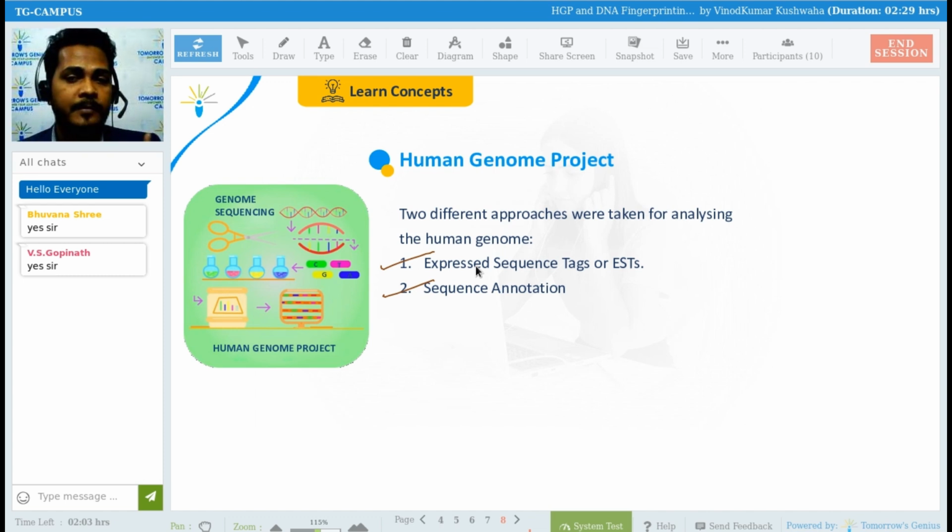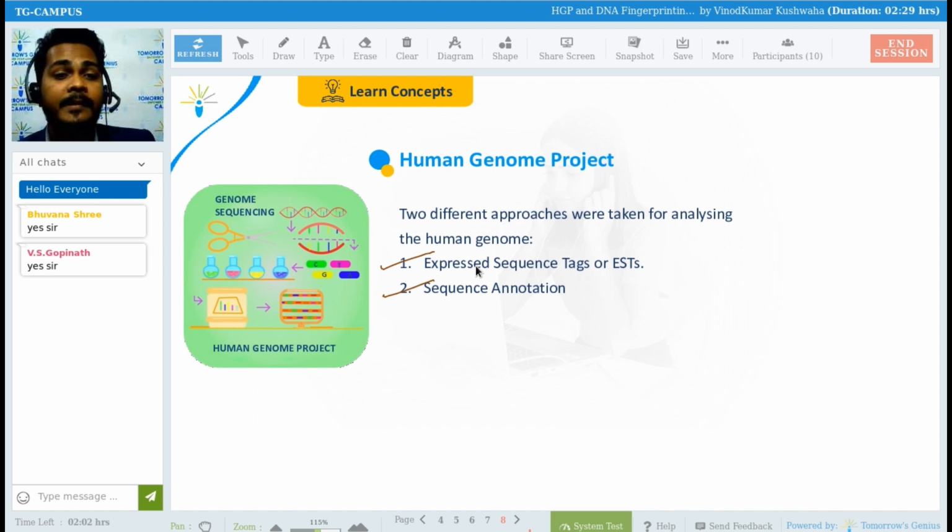First is Expressed Sequence Tags, or EST. What is EST? It is Expressed Sequence Tag, used to identify all the genes that are expressed as RNA and sequence that same expression.